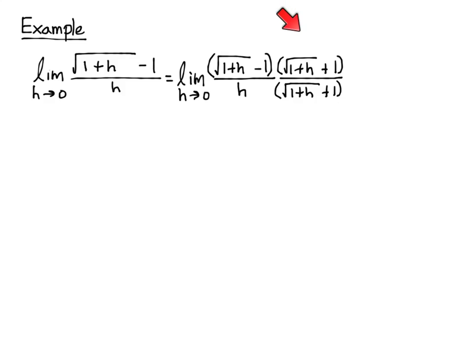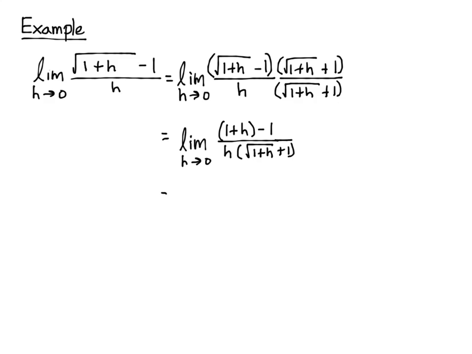You get these two things multiplied by each other. This first term is squared, and it's subtracted from the second term, which is also squared. So if I expand that, what I get is just the square of that radical term minus the square of that 1, and so we get 1 plus h minus 1, and then in the denominator we have the h times that conjugate factor that we put in there.